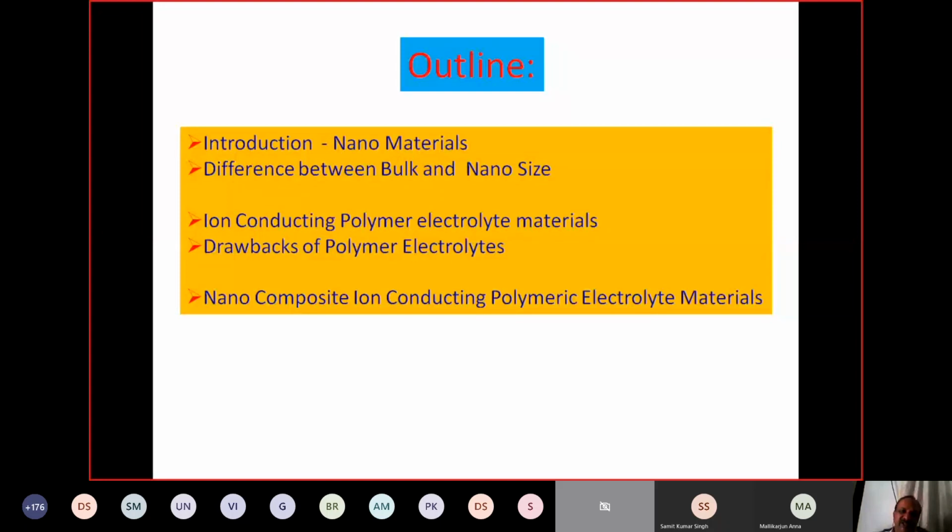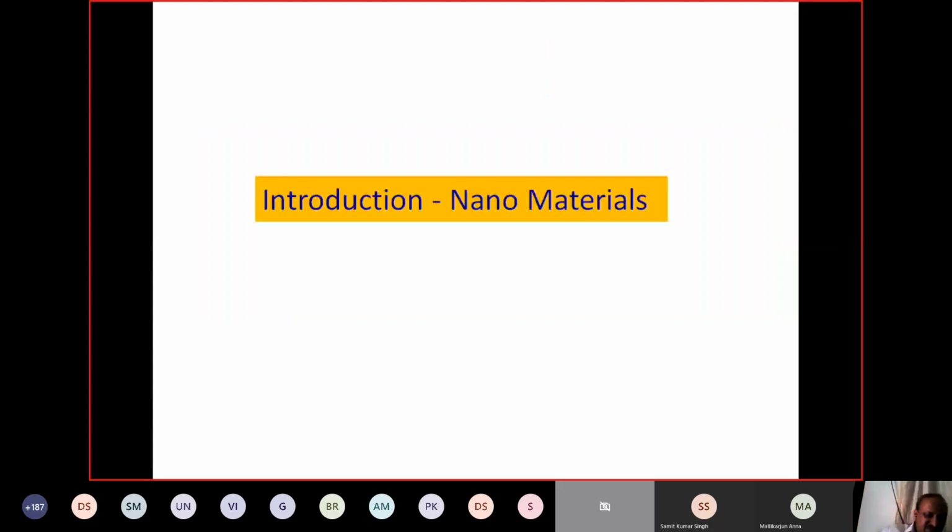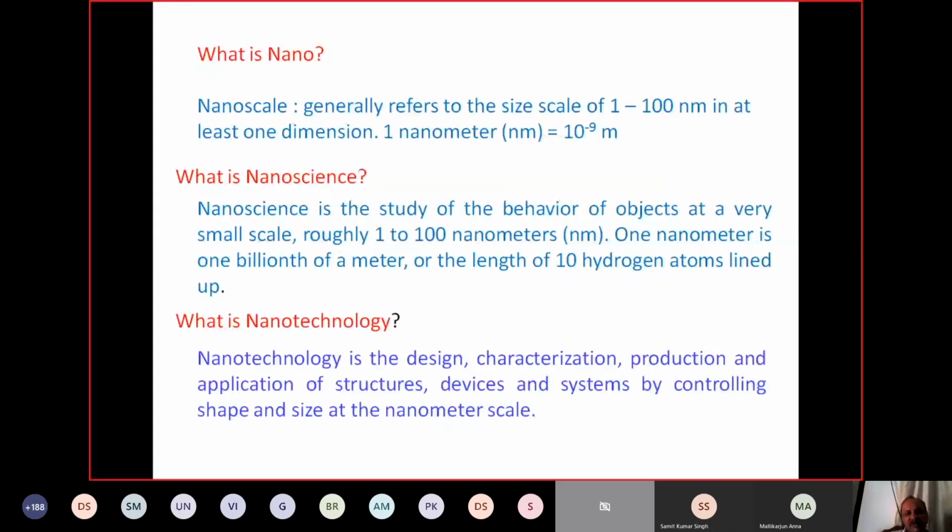Okay, first I'll present about nanomaterials. In the present world, everything we use is in smaller and smaller sizes, because the size effect is very important. When you compare bulk and smaller sizes, why is the size effect there? That is what we call nano.